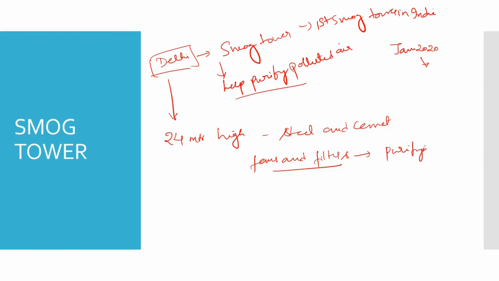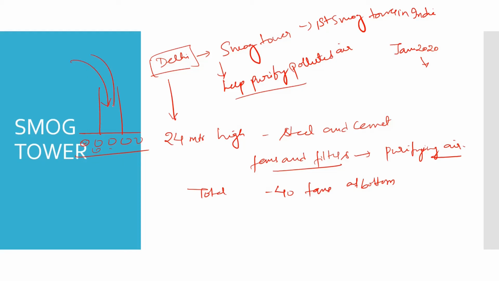I have already shown you the fans. A total of 40 fans are used here. On the whole, there are 40 fans at the bottom of this tower. These fans will be rotating and sucking the polluted air.